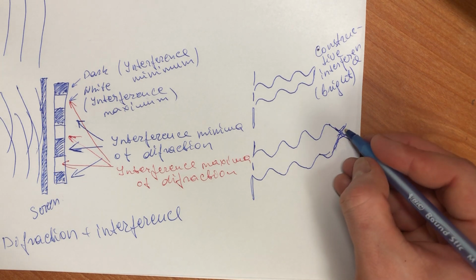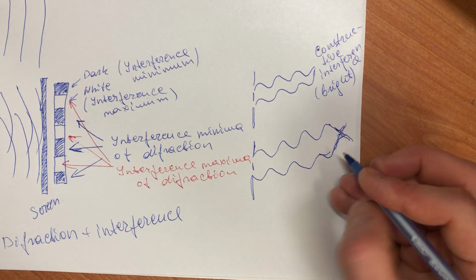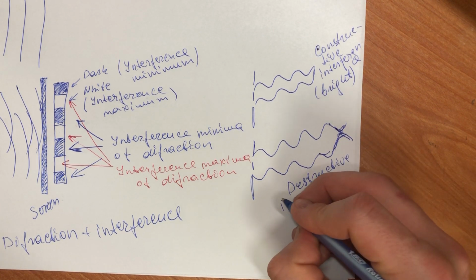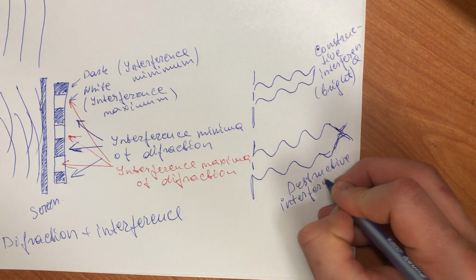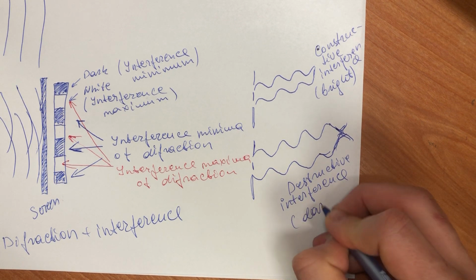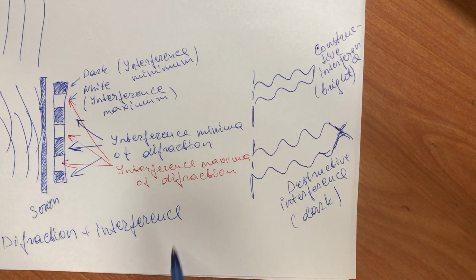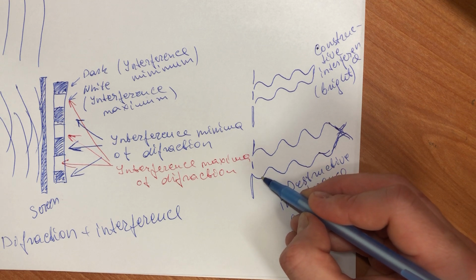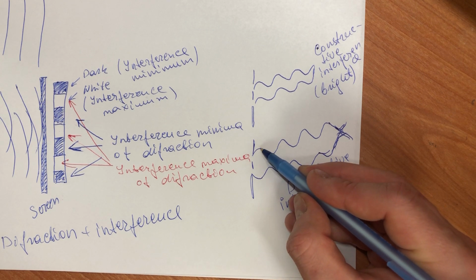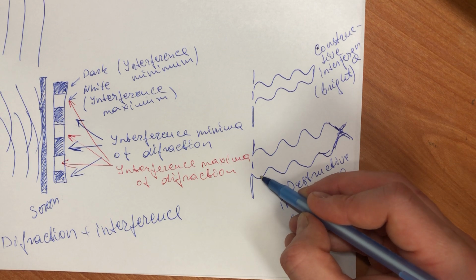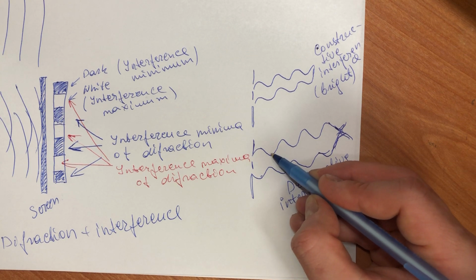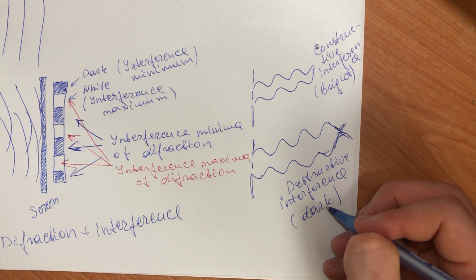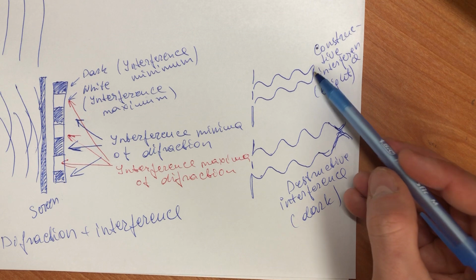So these two waves would converge, and they would form destructive interference. Destructive interference would be a dark spot on the screen. Because maximum with another maximum, they don't correspond. Maximum is here, and it corresponds with minimum of another wave here. Minimum of the first wave corresponds with maximum of another wave. So in the end, they cancel each other out. So we see a dark spot, and in this case, we see a bright spot.